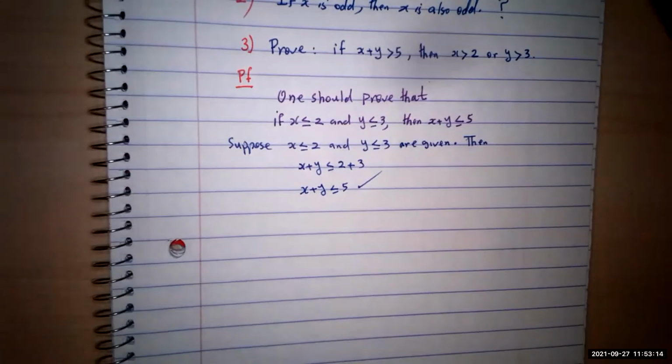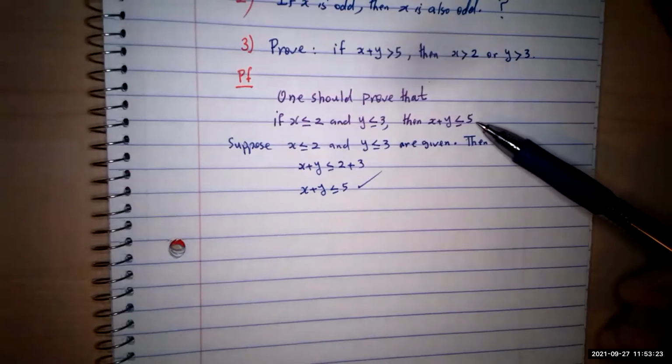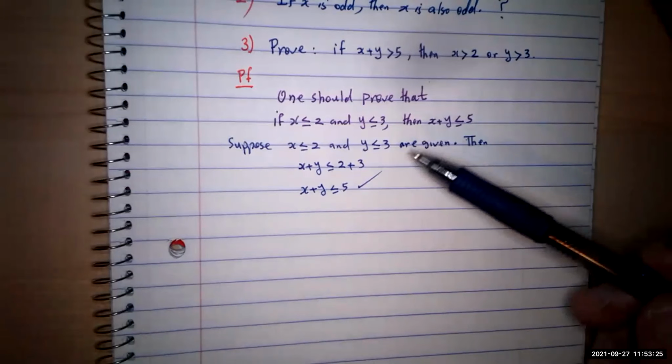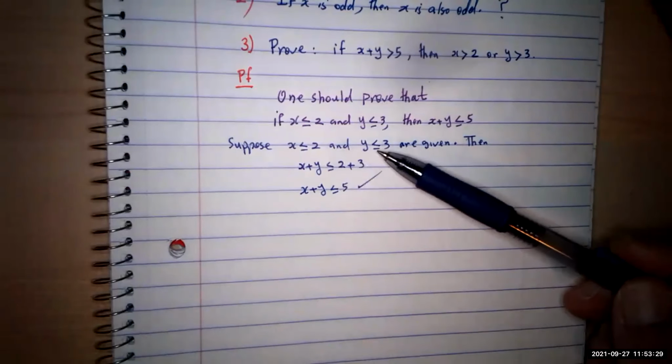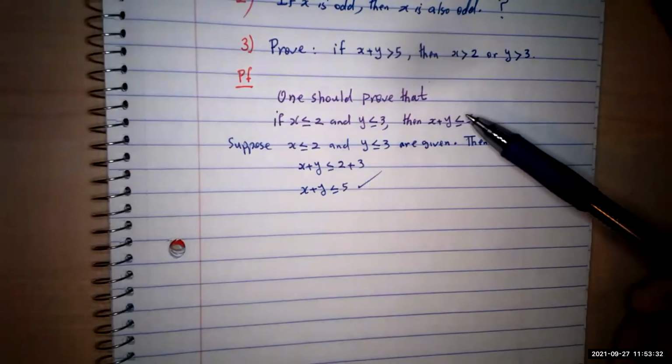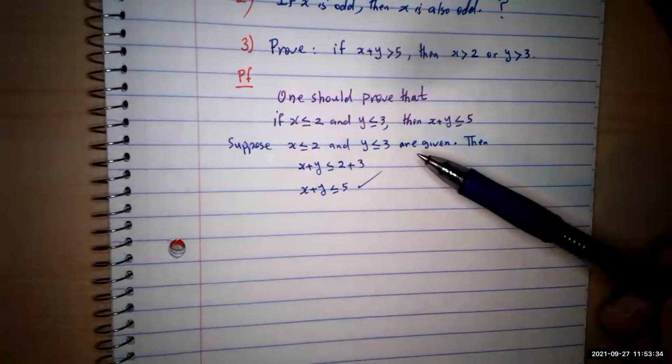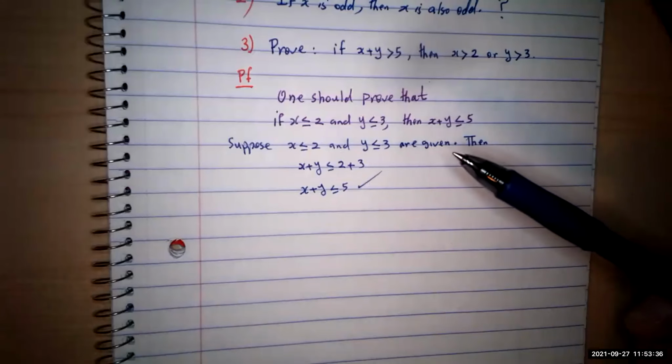Not a big deal. On the test, I gave a similar one several times. Some people, in order to get to this 5, just try to give some examples. They start with x equal to 2, y equal to 3. They say addition, we get a 5. Then they pick some other numbers. No. Remember, it's a proof.